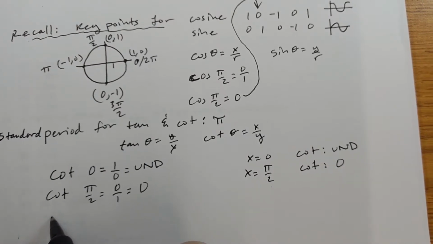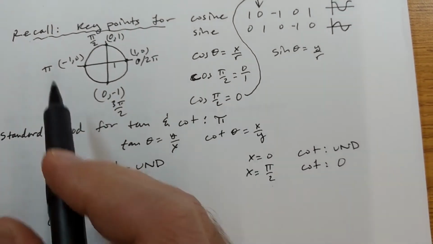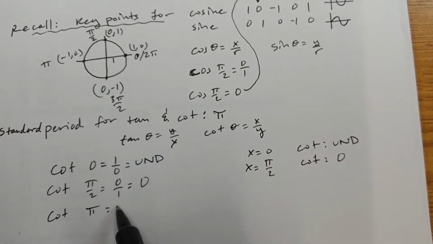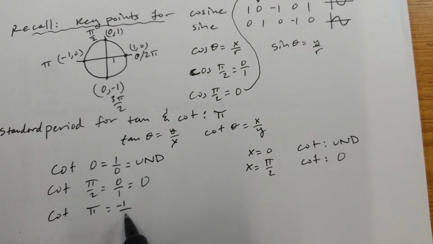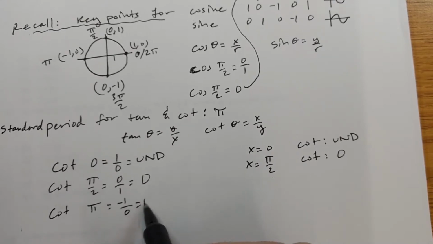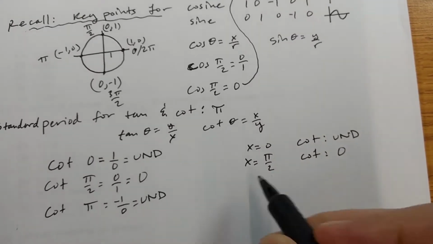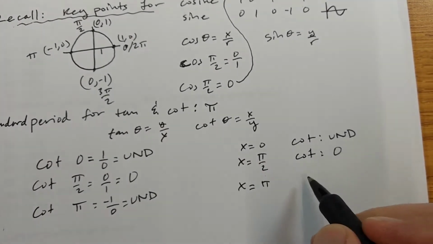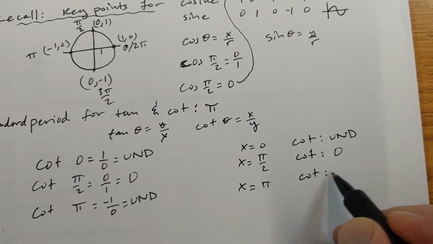When the angle is pi radians, we will be back to undefined. We'll have -1 as our x value and 0 in the denominator again, so when x is equal to pi, the cotangent function is undefined.